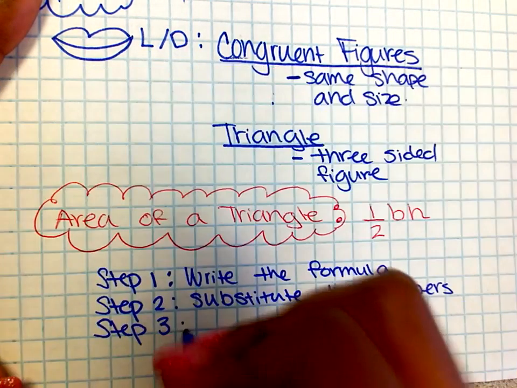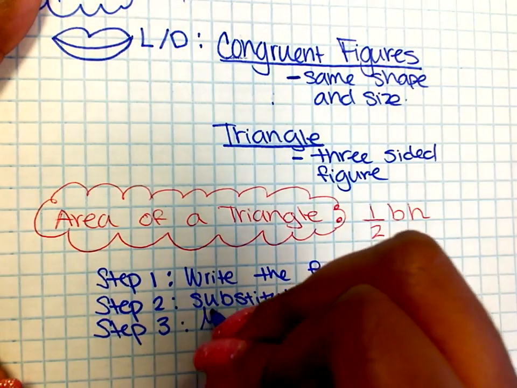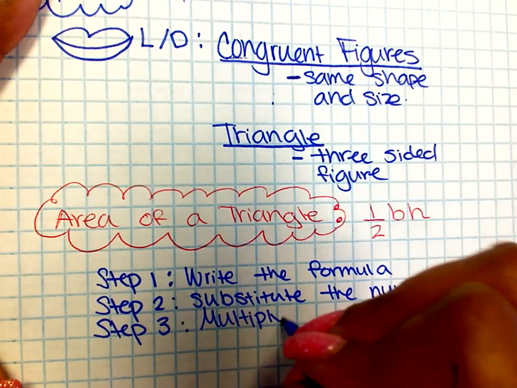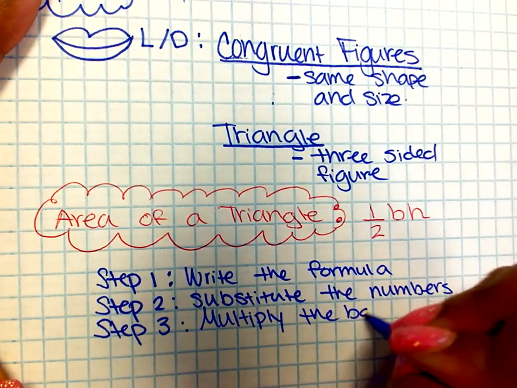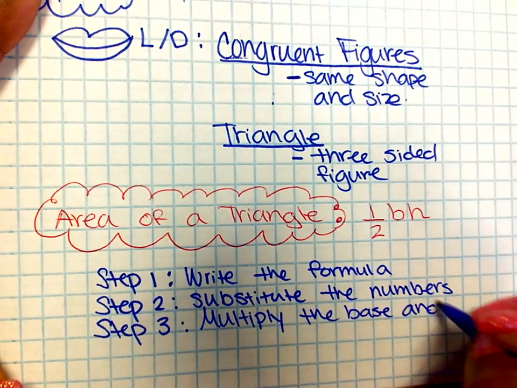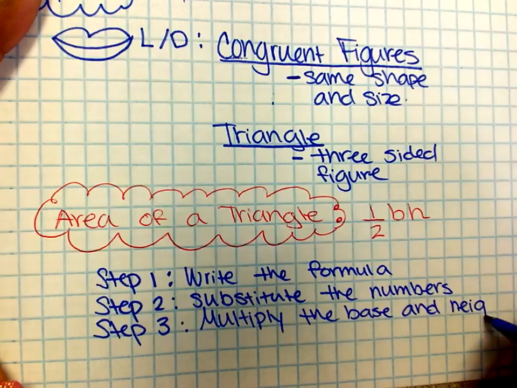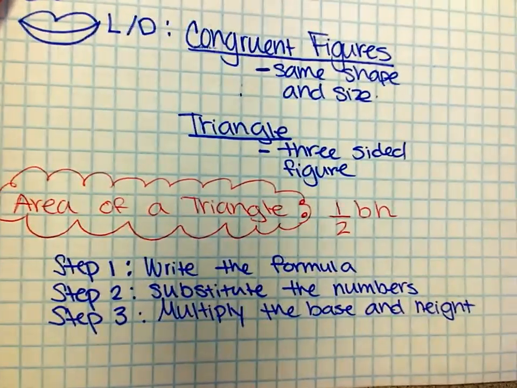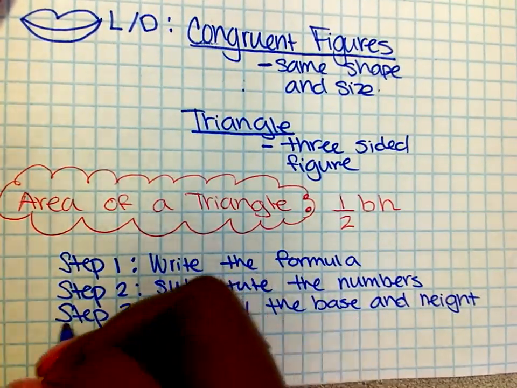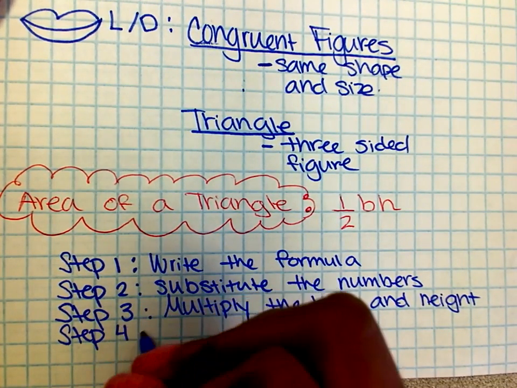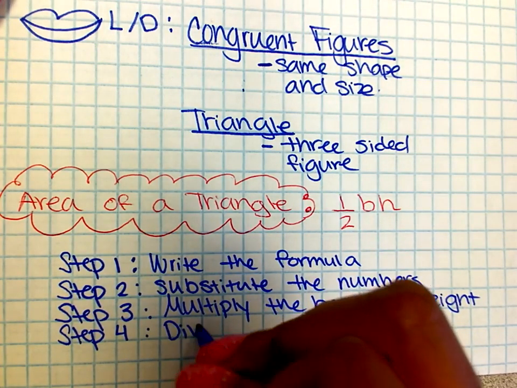Step 3, we're going to multiply the base and height. We're going to multiply the base times the height. Step 4, you're going to divide by 2.